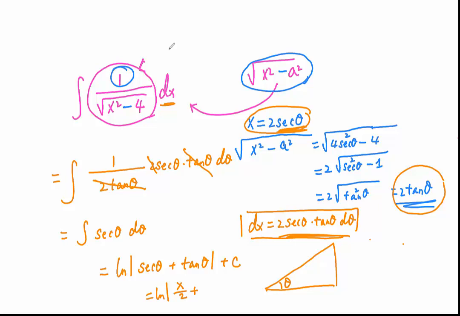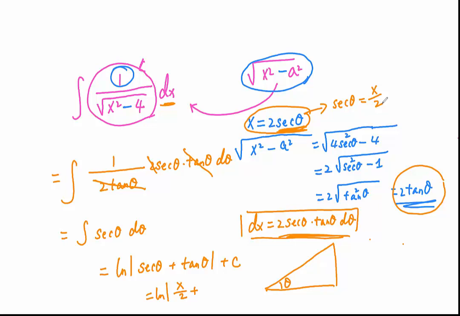So we have secant equals x over 2. Which side is my x?